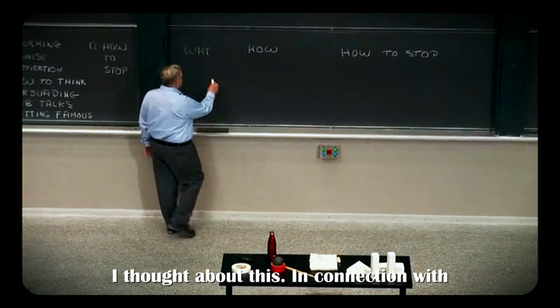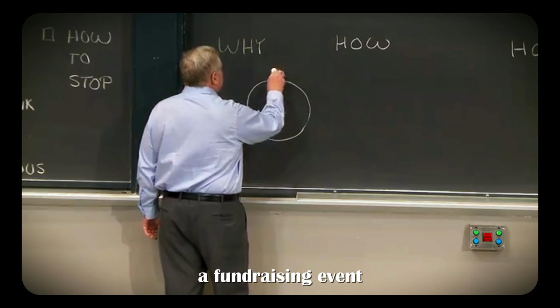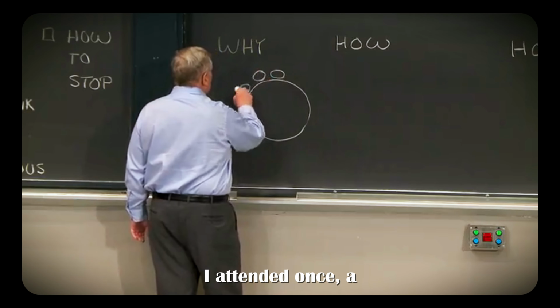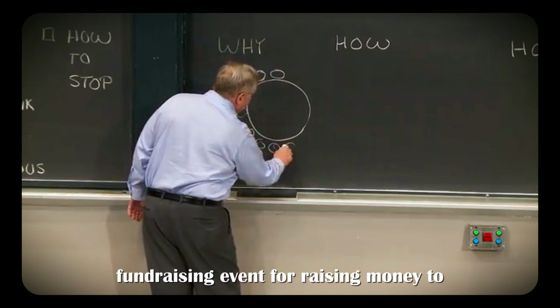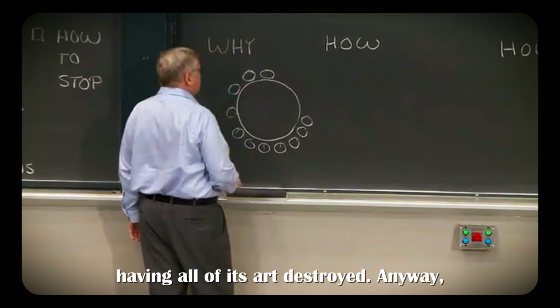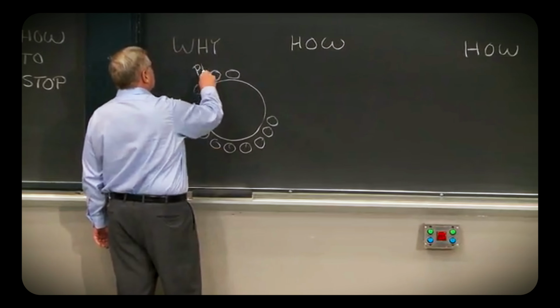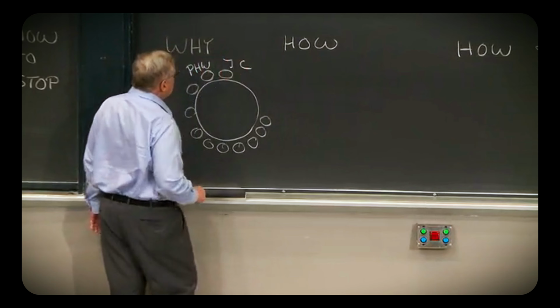I thought about this in connection with a fundraising event I attended once. Fundraising event for raising money to save Venice from going underwater and having all of its art destroyed. Anyway, I was sitting here, and JC was sitting here.